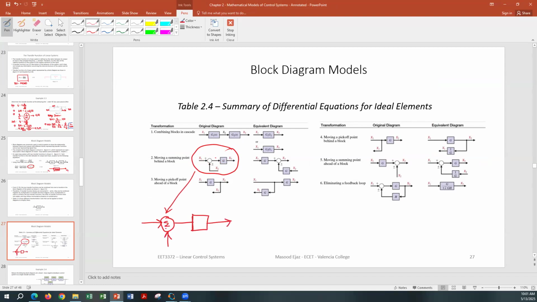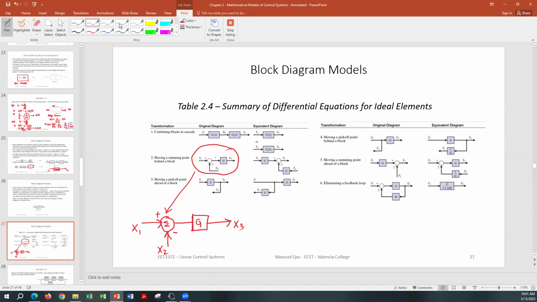This is the summing amplifier, and this is negative, which is common practice in control systems to find the error difference of the two signals. So let's say you have x1, or this can be negative or positive, whatever, x2, G, and this is x3.